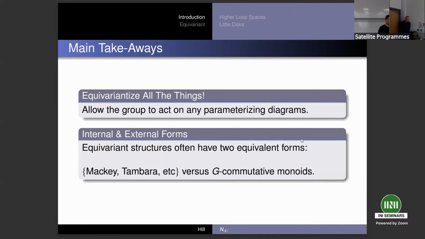The external version is I have a diagram of coefficient systems and then maps that externalize the transfers. And we'll see this a couple times in the multiplicative version. Very often, the external one is what's given to us by the operadic algebras. The internal one is the one that's often easier to actually do computations with. So it's helpful to keep in mind that I have these 2 different perspectives that I can play off each other.